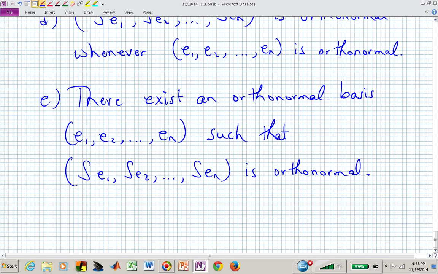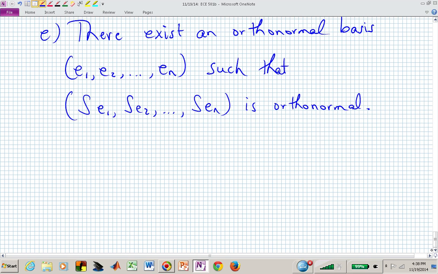And I could just keep going with this equivalent list, but now what I would be doing is replacing, in statements F through J, the original linear map with its adjoint.